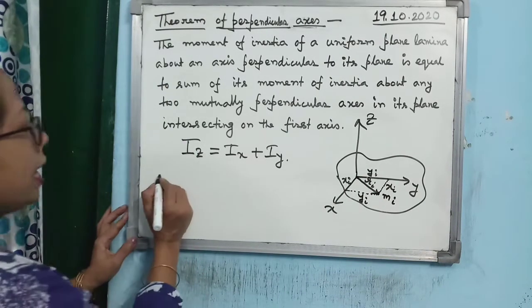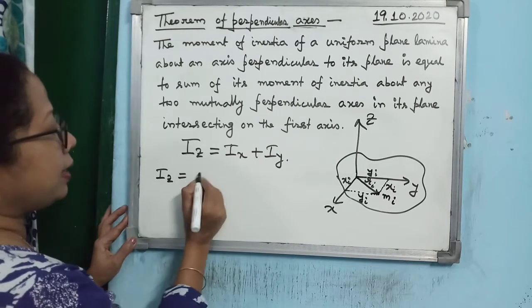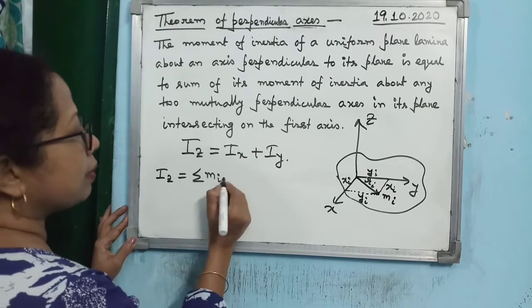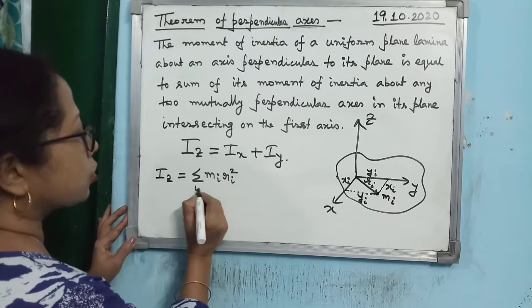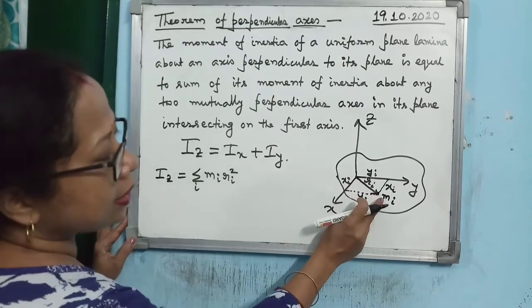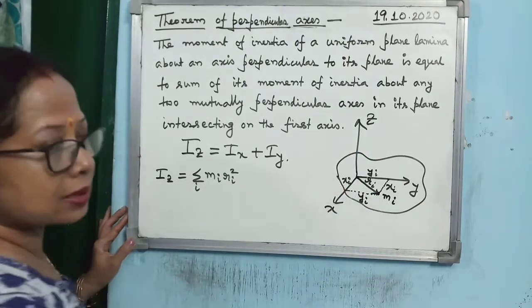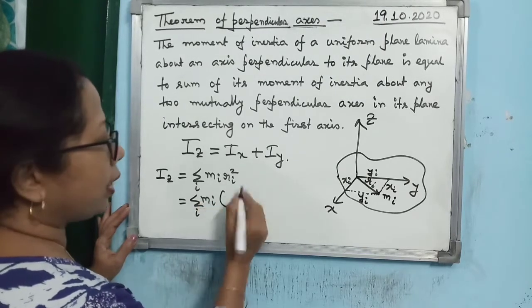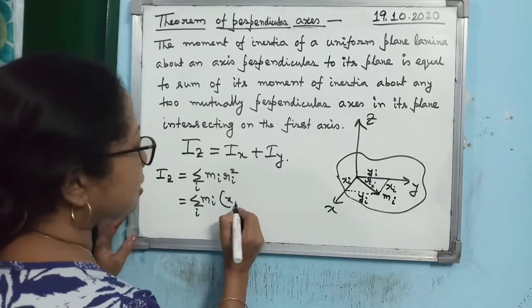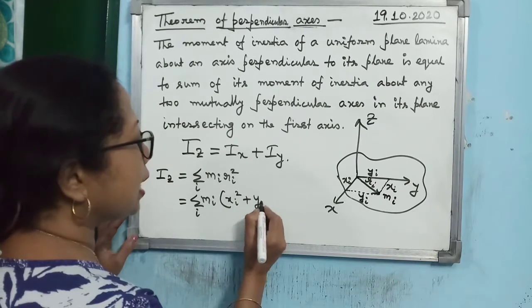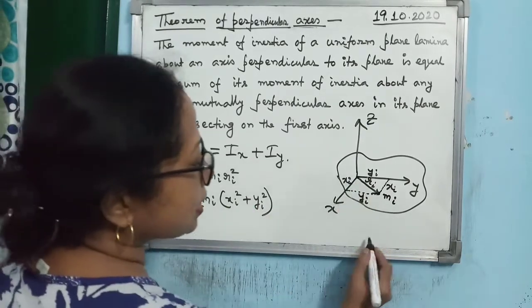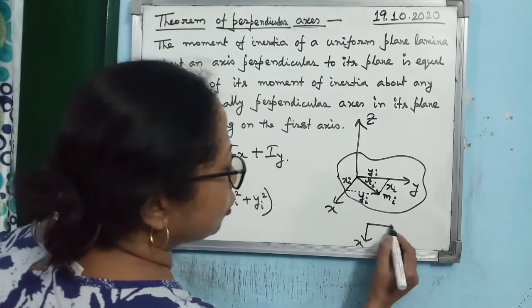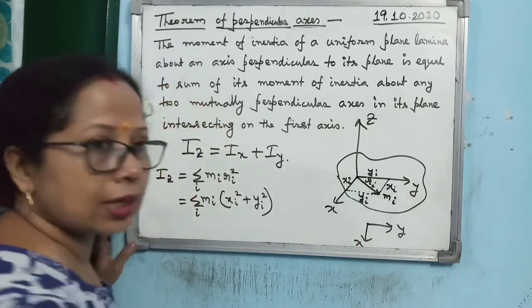So you see, Iz you can write from the diagram as sigma mi Ri square, because Ri is the distance of the particle from the z-axis. Now Ri square is nothing but xi square plus yi square, because the x and y axes are perpendicular to each other.